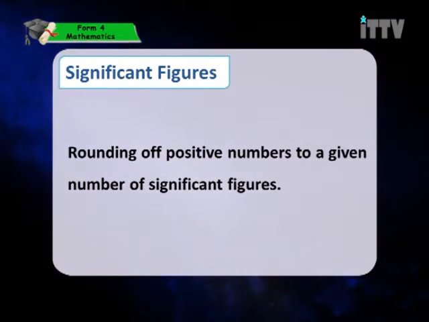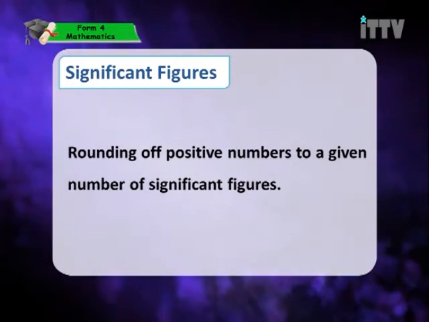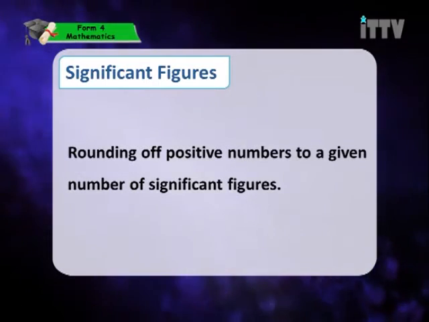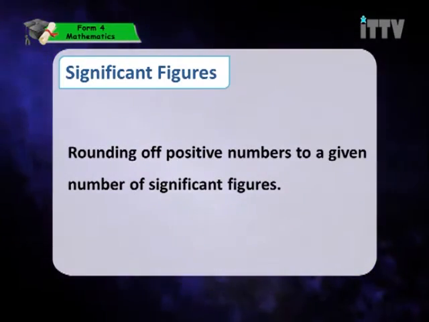In today's lesson, we will be looking specifically at the rounding off of positive numbers to a given number of significant figures. So in the first lesson, we looked and identified how many significant figures are there in a number.